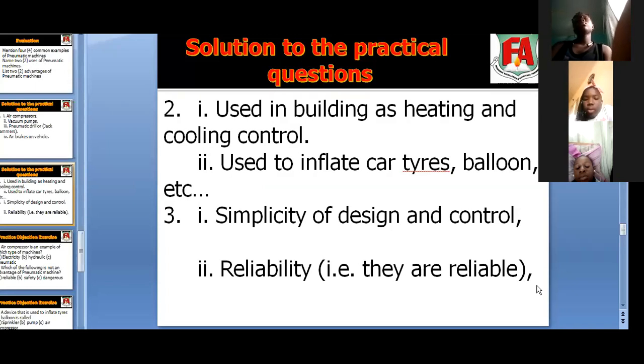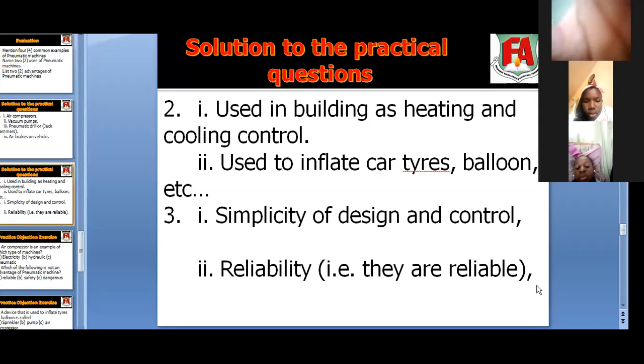It is used in building as heating and cooling control. Do you understand me? Cooling and heating. Okay, this is where AC comes into play.